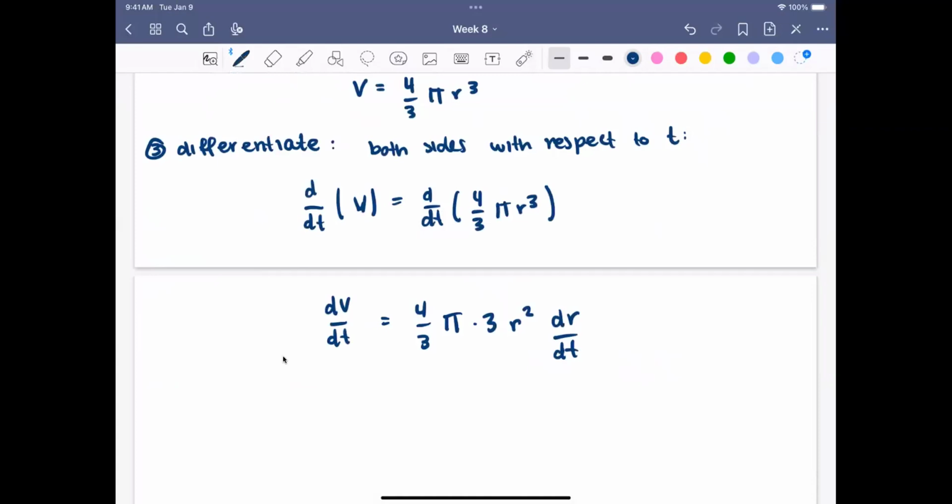Okay, so going back to the problem statement, we wanted to know dr/dt given the dV/dt and a specific value of r. So now I'll just rearrange the equation to solve for dr/dt.